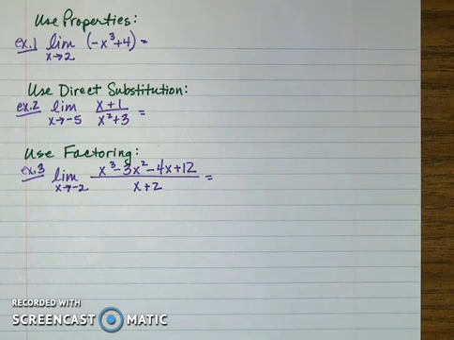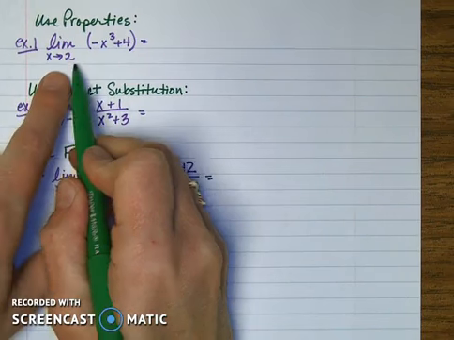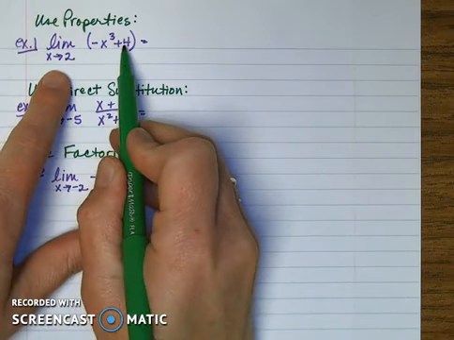Before we jump into the examples, let me say that you can also solve these graphically like we did in section 12.1 if you would like to, but we are again giving you more tools, more ways to solve these. So the first one, let's use some of our properties to solve the limit as x approaches 2 of negative x cubed plus 4.